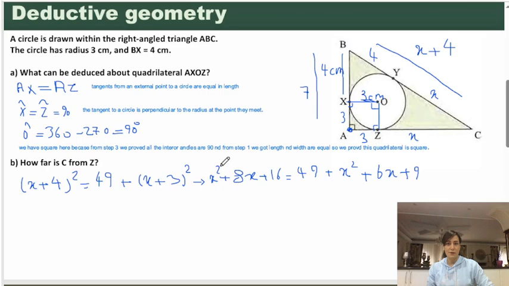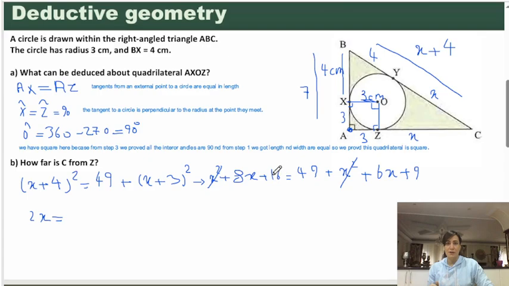Okay, I can cancel this x squared and this x squared. Here I try to collect all the variables on one side. I bring 6x to the left side, which gives me 8x minus 6x gives me 2x.